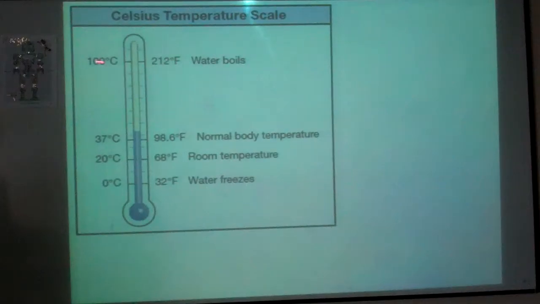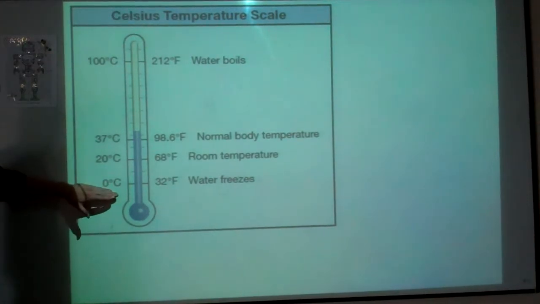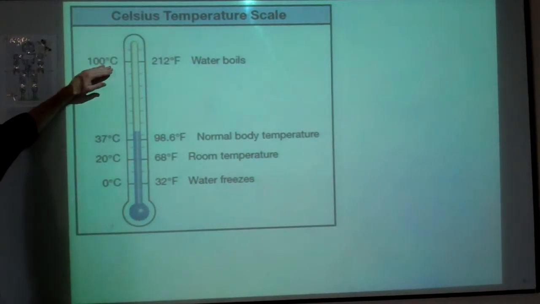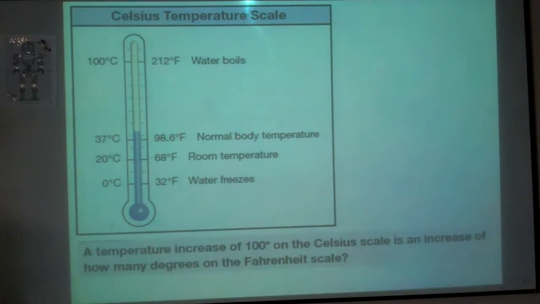Celsius, this is when water boils for them at 100 degrees Celsius. Normal body temperature would be 37 degrees Celsius. Room temperature is 20 degrees Celsius. Water freezes at 0 degrees Celsius. So, once again, you can see they set their temperatures so that water will freeze at 0 and boil at 100. And there is a way to convert between the two. We're not going to get to that quite yet, but we will soon. And they will use that in science quite a bit.